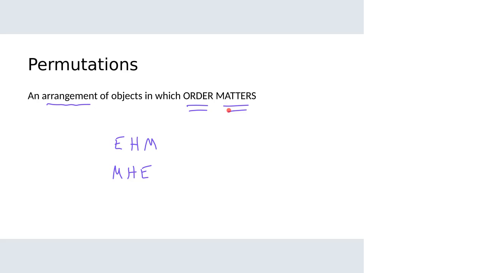Perfectly reasonable to be thinking, well, then what would be an example where order doesn't matter? I promise I'll give you some of those later on. For right now, a permutation is an arrangement of objects in which order matters. And we have a formula for working with permutations, and it's this.